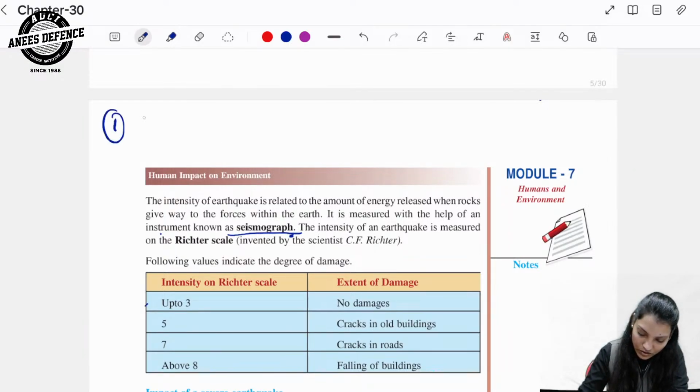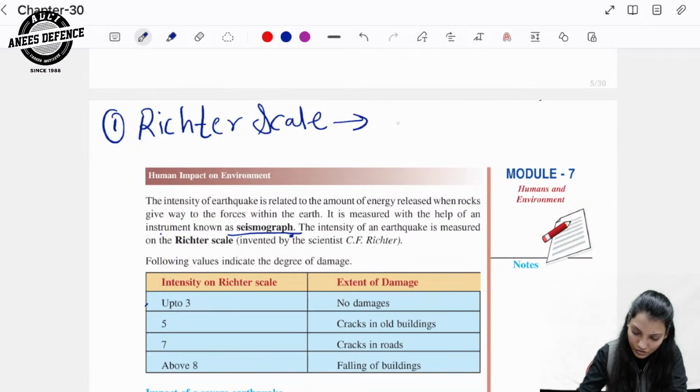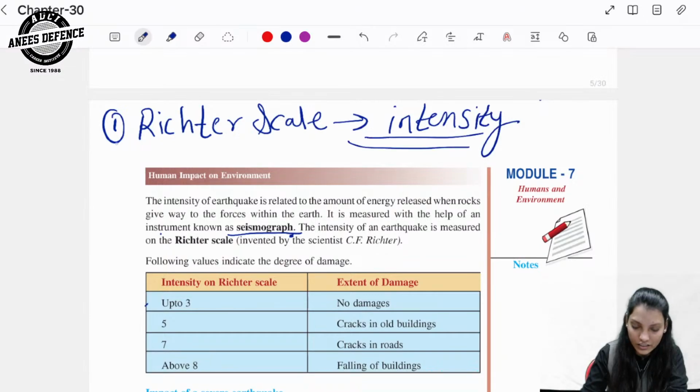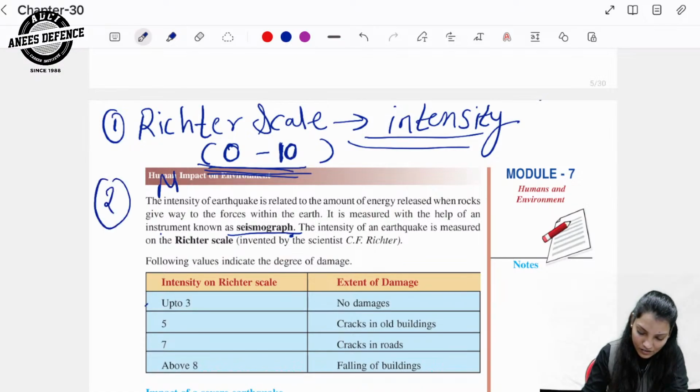The first scale is the Richter scale, by which you can measure the intensity of earthquake. It starts from 0 to 10. This is the range of that particular scale. Now, one more scale is there, the Mercalli scale.